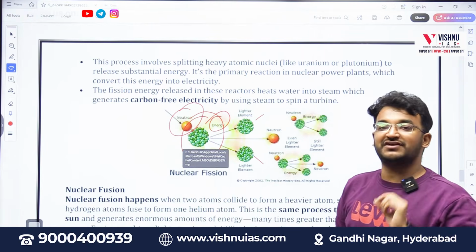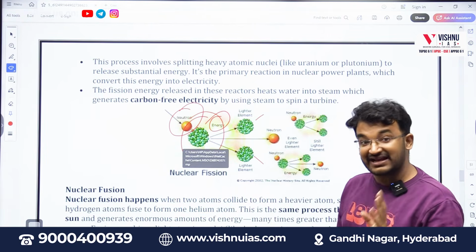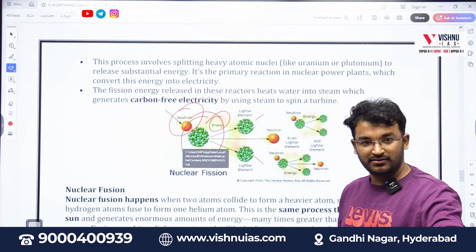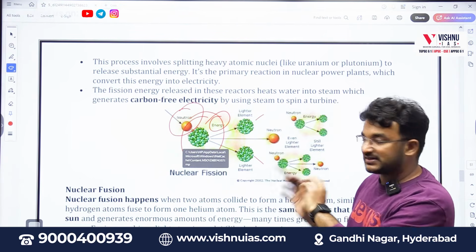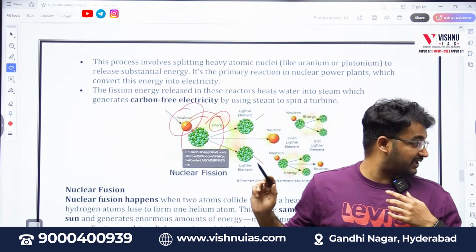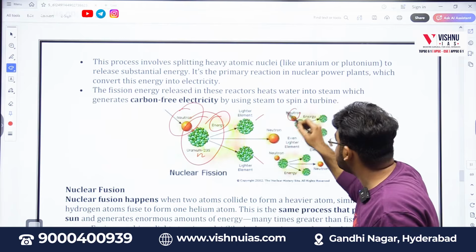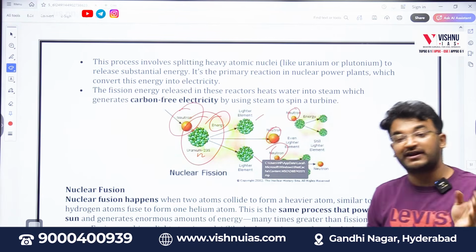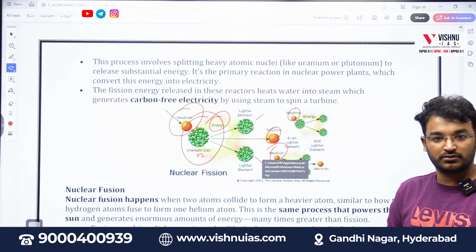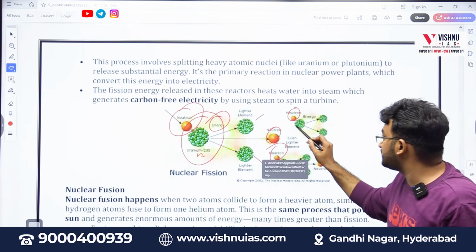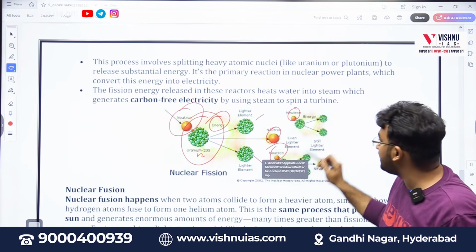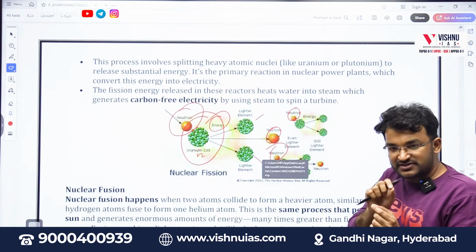Now what we had seen, along with this energy release, we had also identified that 3 more neutrons come out for every reaction. Suppose there is more uranium 235 nearby, a small material.